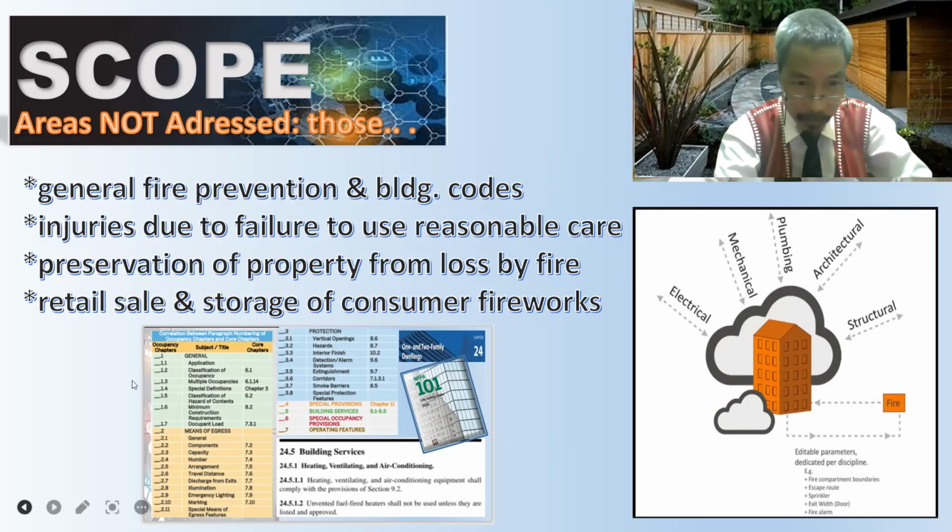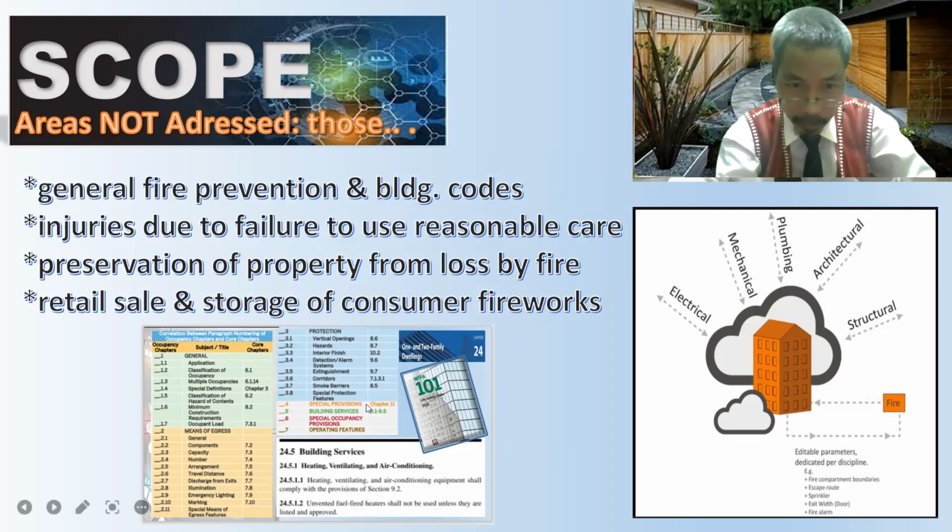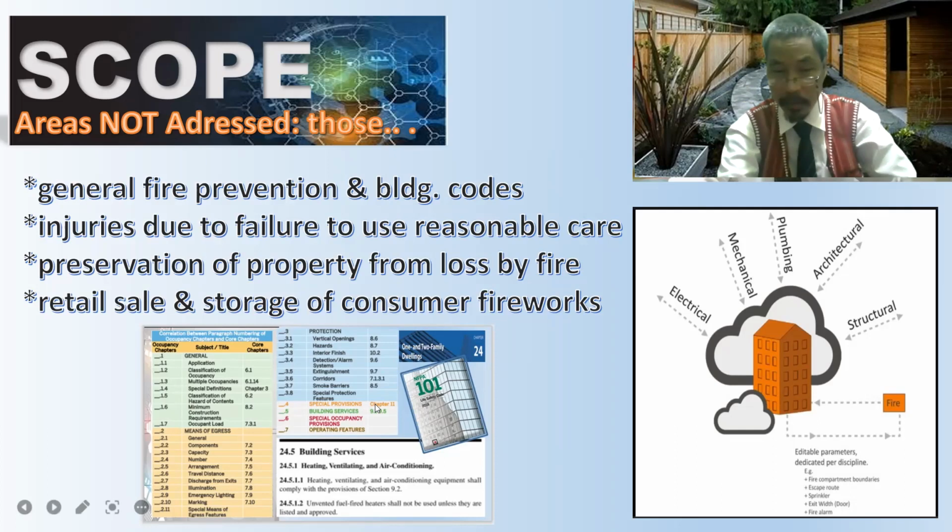So for example, chapter number 0.1, that is general. Chapter number 0.2, that is means of egress. Chapter number 0.3, that is protection. Chapter number 0.4, that is special provision. Chapter number 0.5, that is building services.